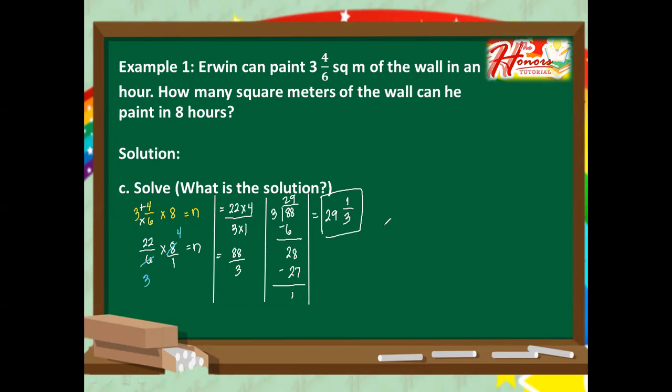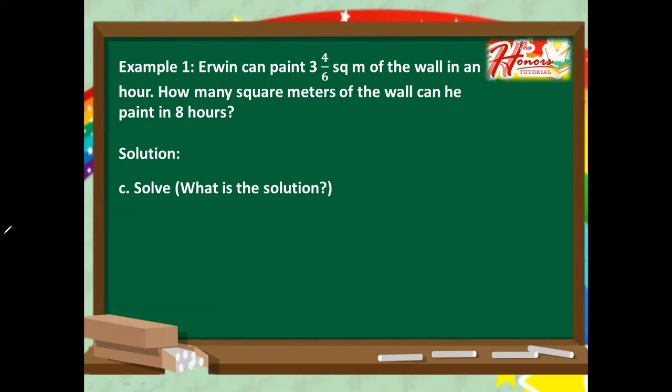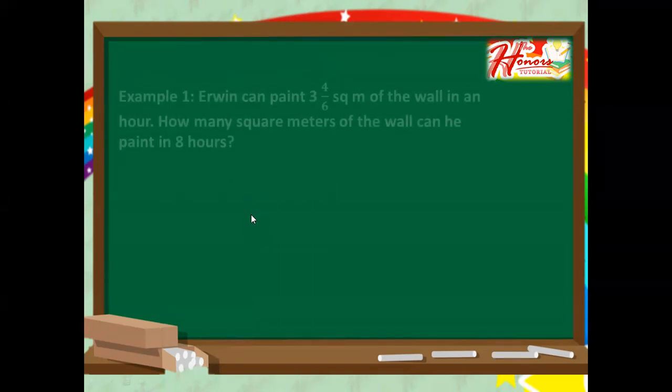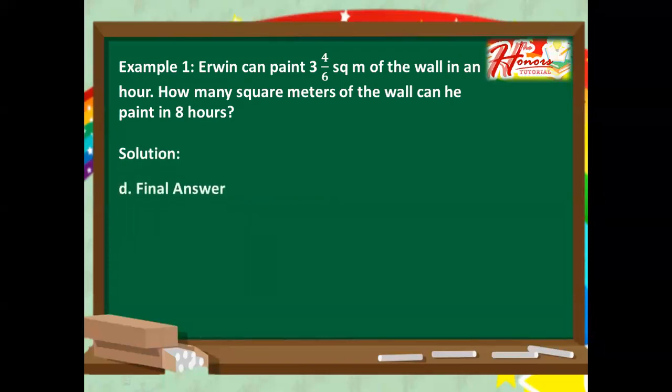Next, we already solved the equation that we have on letter B, or plan. What is the final answer? We can say that it is in the form of a sentence, okay? Don't write 29 and 1/3, and that's it. No, it's not like that.